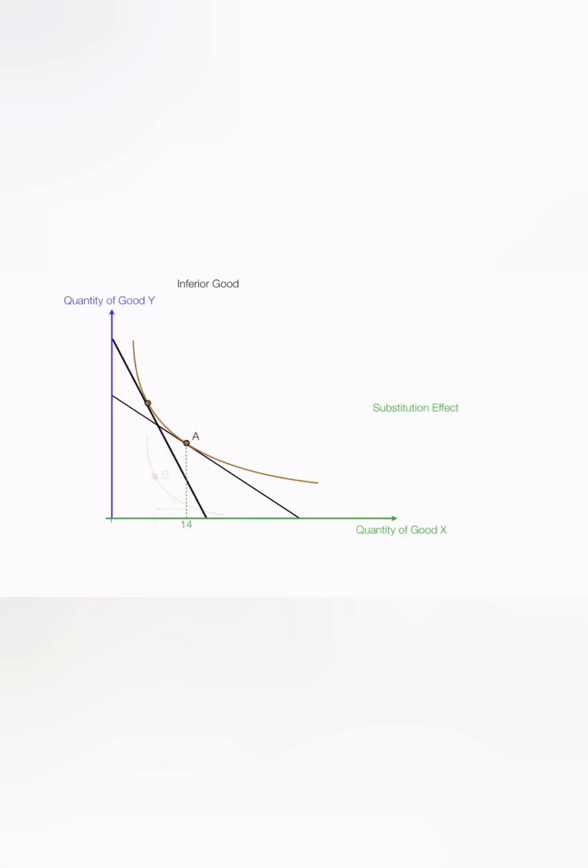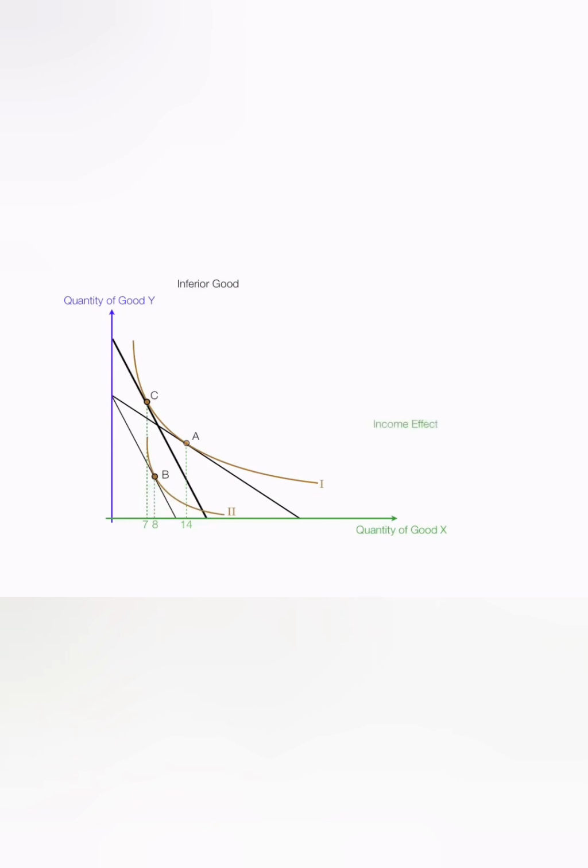So I move from point A to point C along the indifference curve, and now the consumer consumes 7 units, and I'll label that S. The substitution effect is 7 minus 14, which is equal to negative 7.